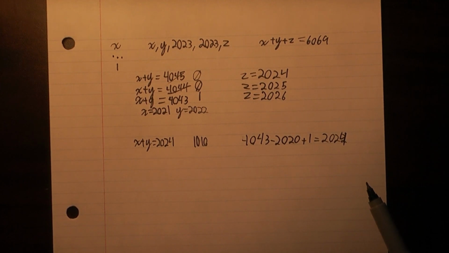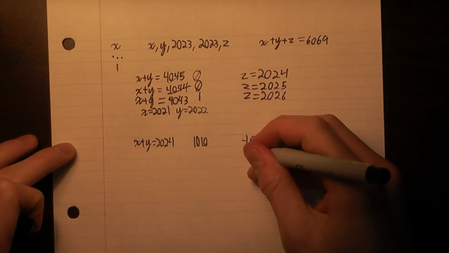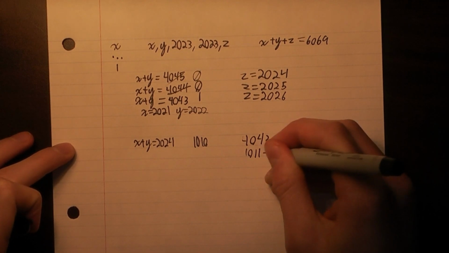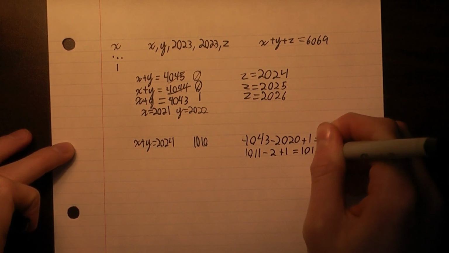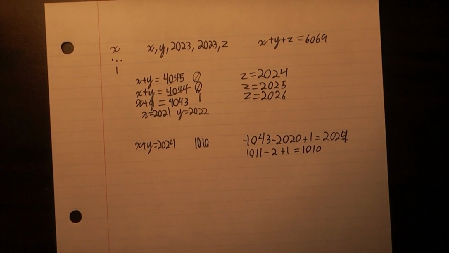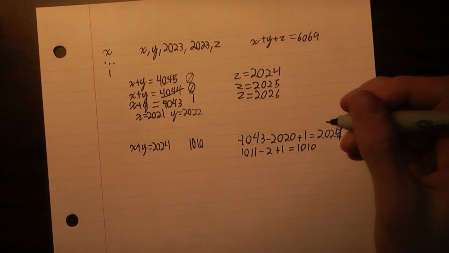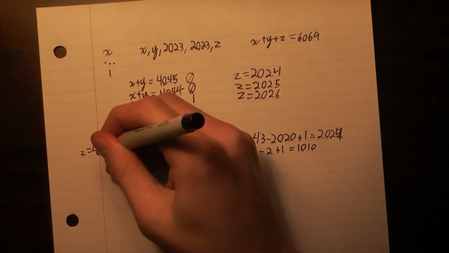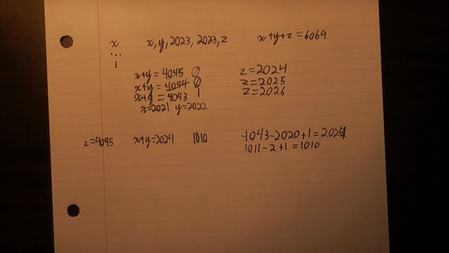So it would range from 2 to 1011, which we can find how many are in between there by doing 1011 minus 2 plus 1. There's 10 possibilities. So at this point, we can also calculate that z equals 4045. So now let's keep going with z.